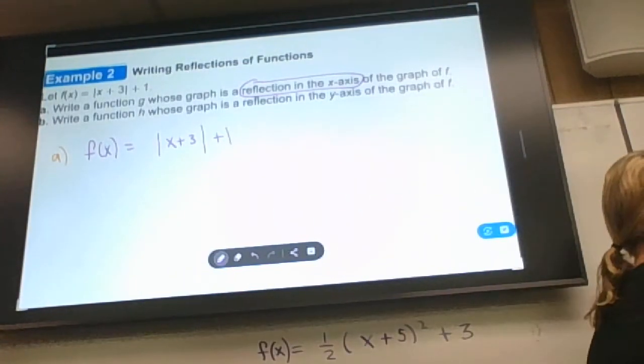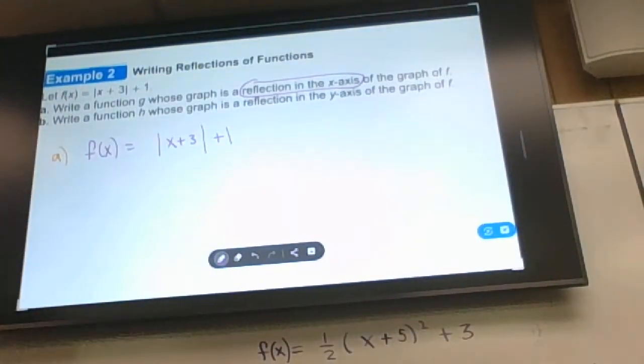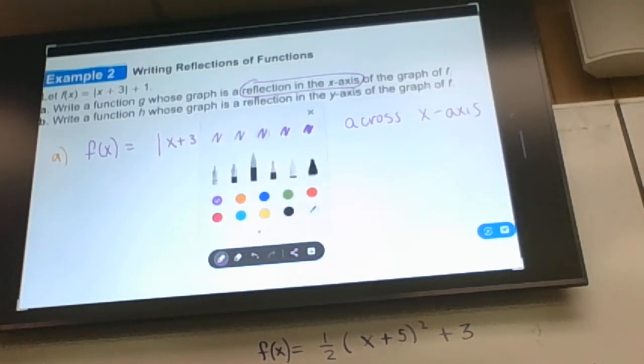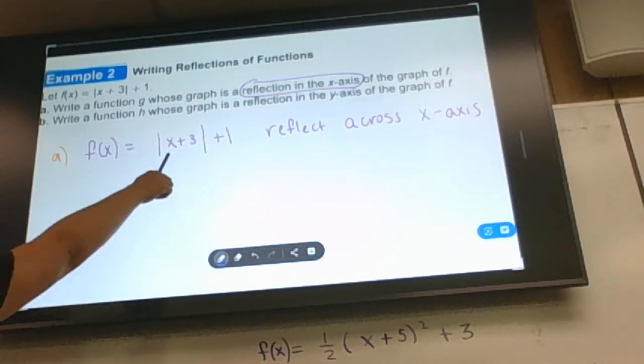So to reflect across an x-axis, we take the entire equation and multiply it by -1. I'm going to use parentheses. And now I'm going to write this here.